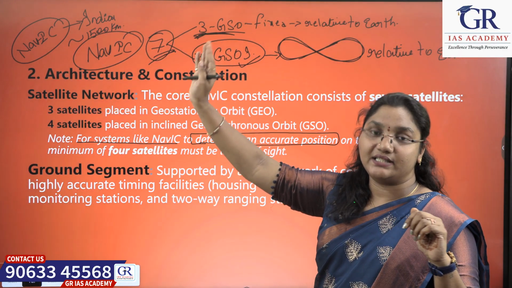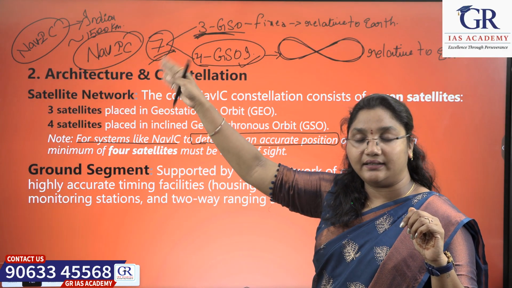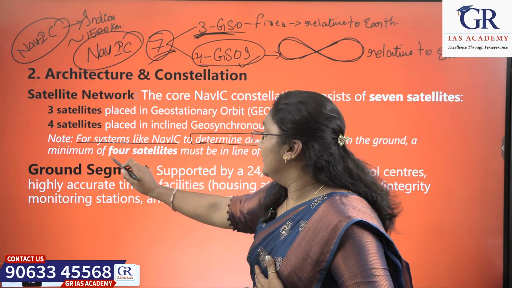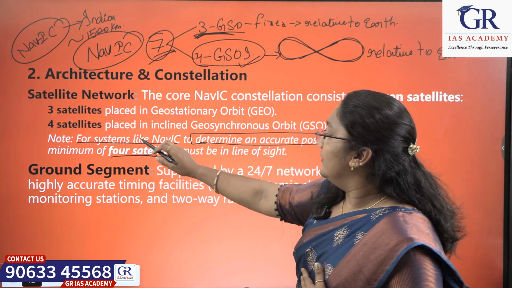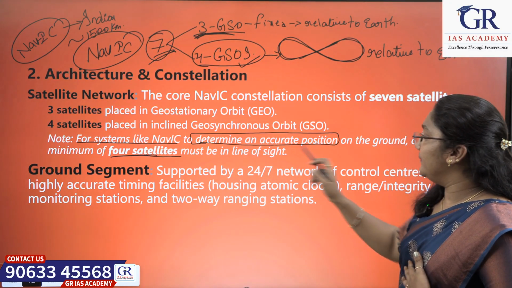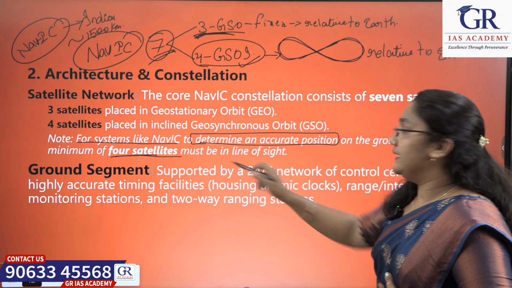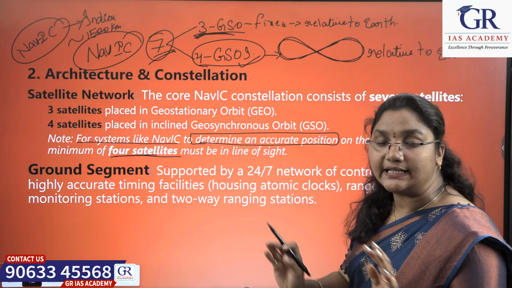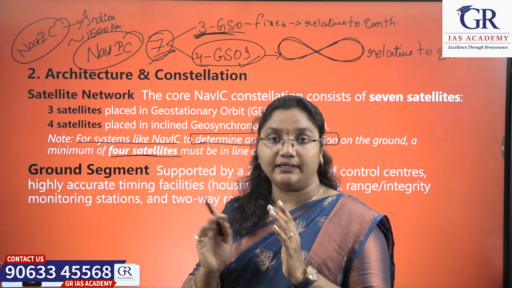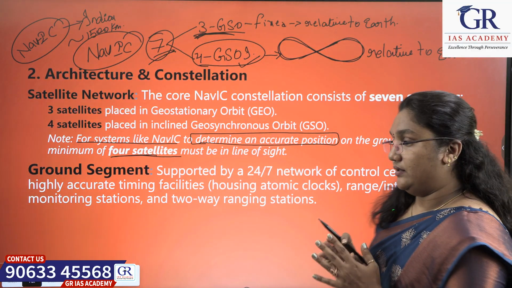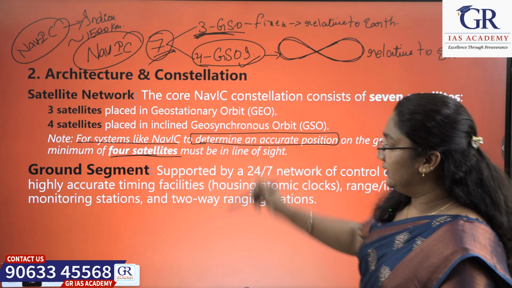NavIC is designed with 7 satellites. Remember this: a minimum of 4 satellites must be in the line of sight to give you the correct altitude, longitude and latitude of the place. Okay, next, ground segment.